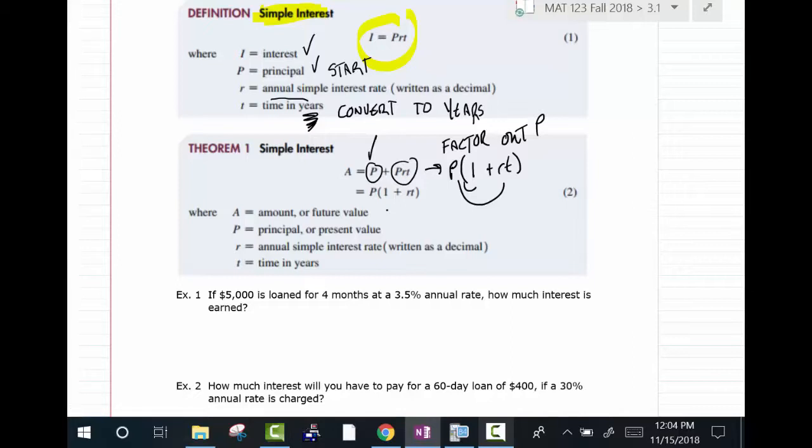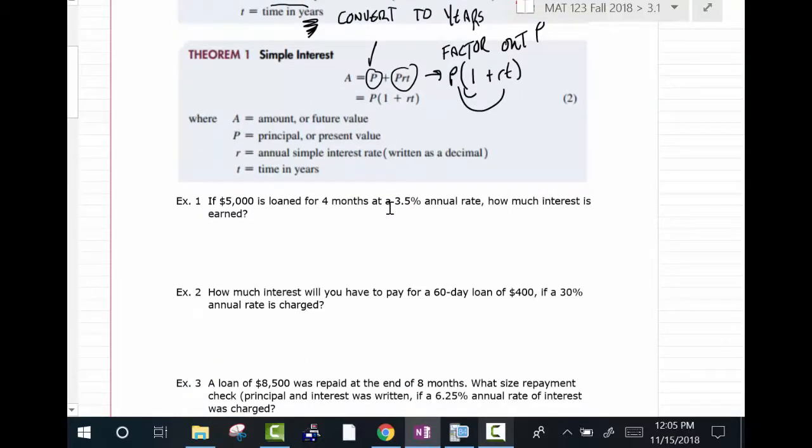They're the same formula. You can use either form. Sometimes it's better to do that, but they're essentially the same formula. So we're going to go through some problems on this. You'll need to use your calculator. These are simple interest, pretty easy to work with if you know to do the conversion the right way.